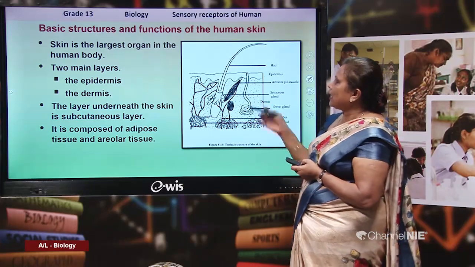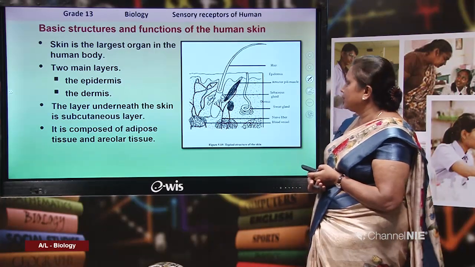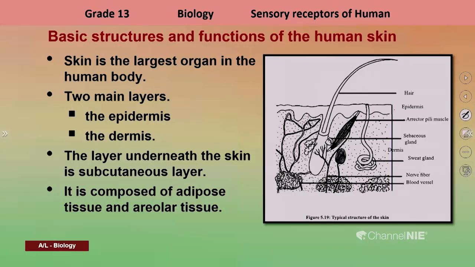Now, the basic structure and function of the human skin. As I explained, it is the largest organ, so this has to be remembered. There are two main parts, epidermis and dermis.